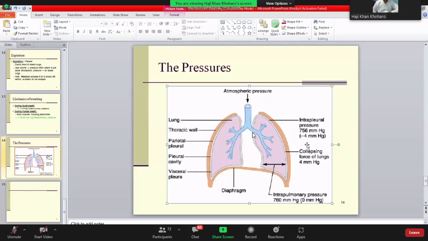And when this negative pressure goes in the positive direction, and may become 0 or +1, then the lungs will try to contract and pressure will rise inside them, and it will be more than the atmospheric pressure, and air will be expired out. It will be exhaled out.